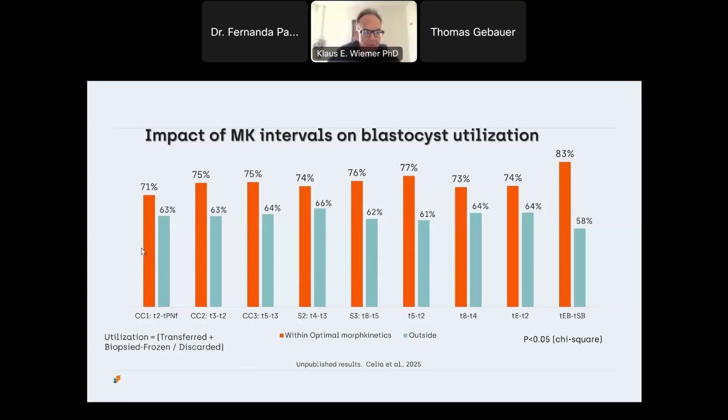In other words, embryos that do not cleave or have 2PN appearance or go to the 4-cell or 5-cell stage, all of these timed intervals are very critical in indicating how many of these blastocysts are going to utilize. And so this data overall lets us understand that the morphokinetic events are very indicative of how many of the blastocysts that we generate in our laboratory are going to be utilized. And this is data that we generate routinely with AI that would be impossible to get otherwise.